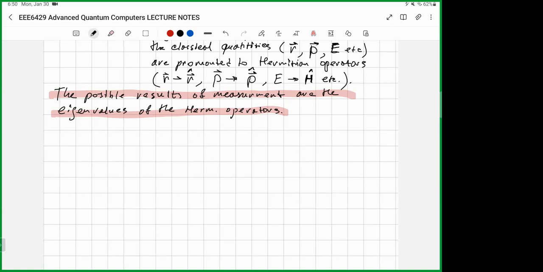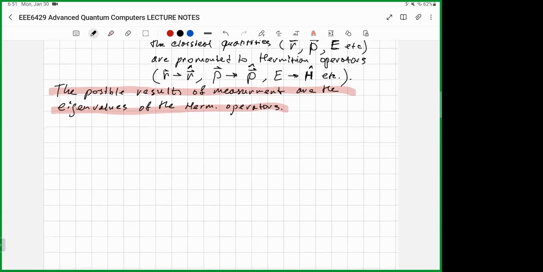For example, spin. It can be either spin up or spin down. These are the two results of measurement, and these are basically the eigenvalues of the corresponding operator. And you can never, in this experiment, measure something in between. It's always either up or down. Okay.